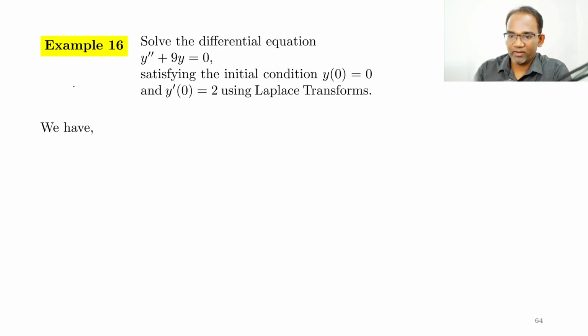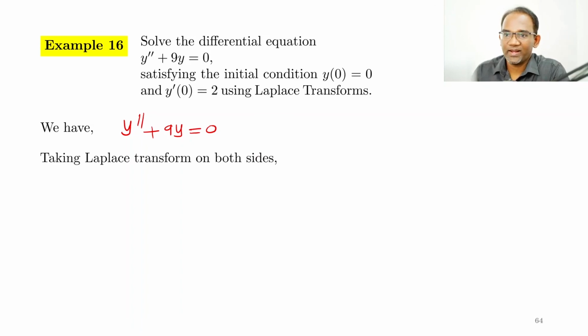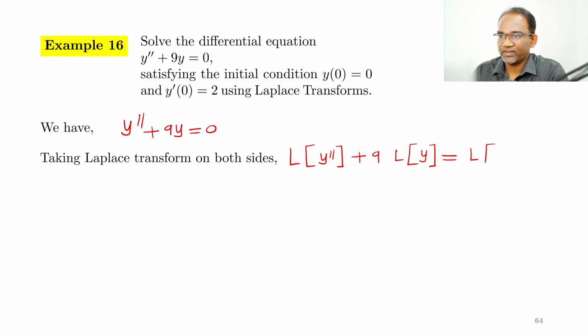So here we have y'' + 9y = 0. In the next step, we'll take the Laplace transform on both sides, that is the Laplace transform of y'' plus 9 times the Laplace transform of y equal to the Laplace transform of 0.